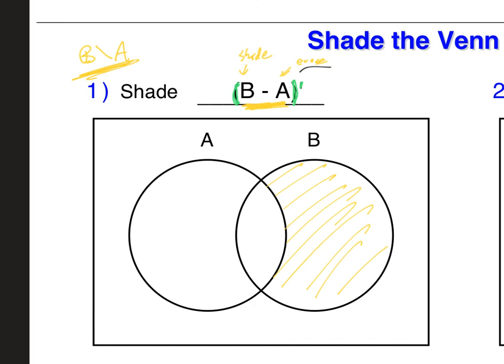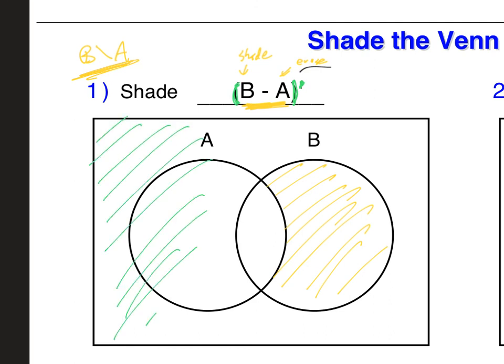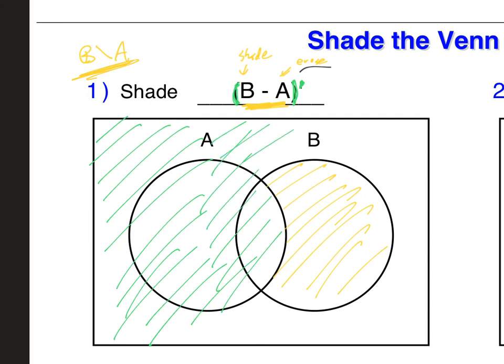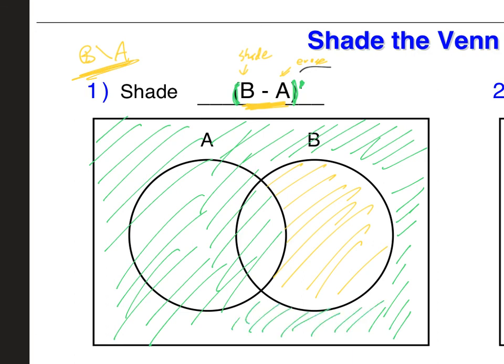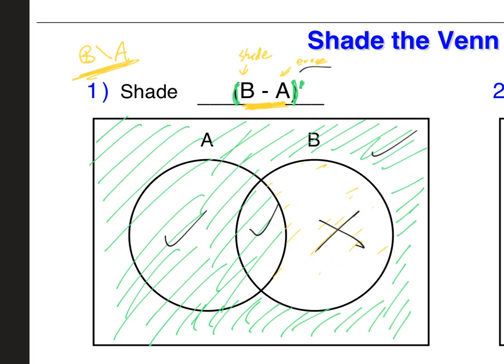We want the complement of that solution, so we want everything else other than what I shaded for B minus A. So this is the complement of the expression B minus A. That yellow part that was shaded for the expression inside the brackets is not part of our solution. Everything else is part of our solution. So this would be what our answer would look like for the expression B minus A and the complement of that expression.